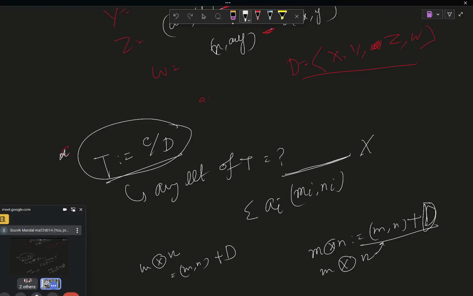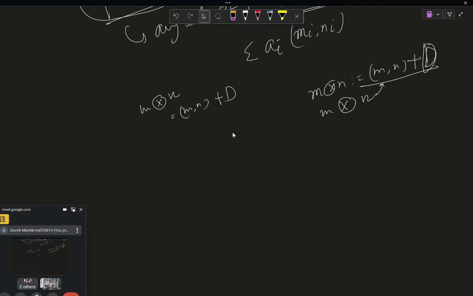Understand? Okay. So the elements of P are of the form summation a_i m_i tensor n_i, right? Everything is a finite sum.